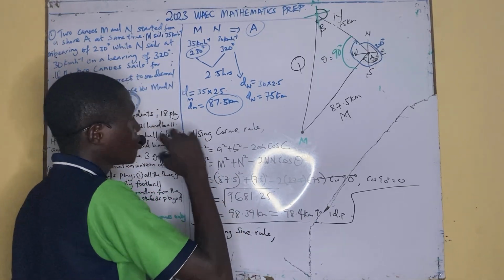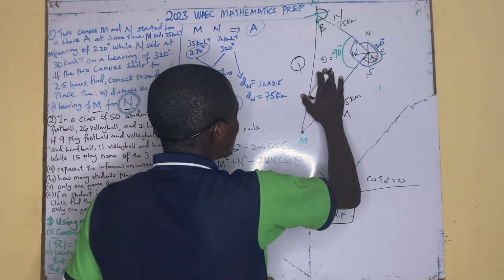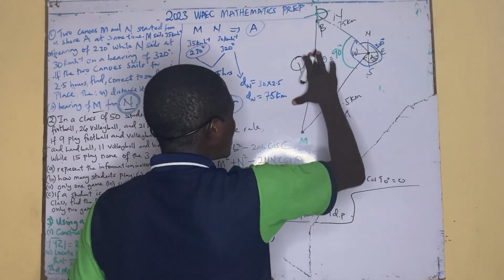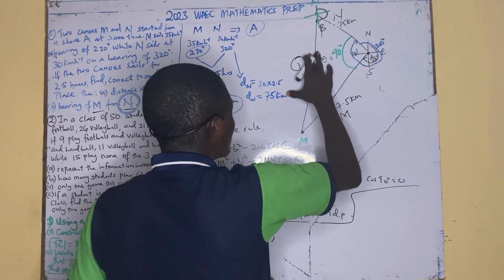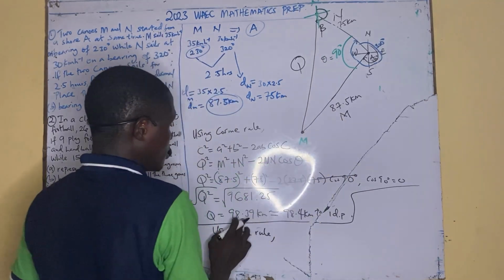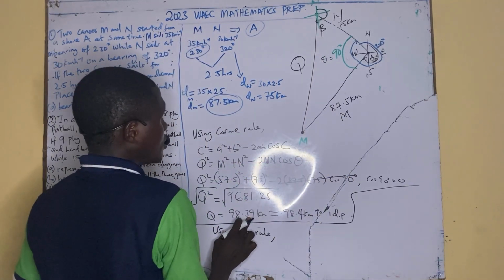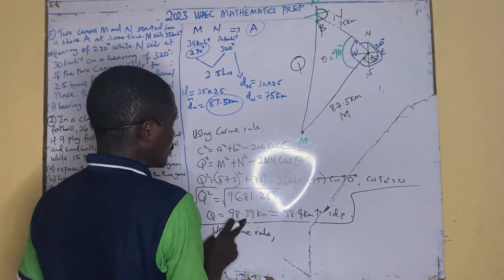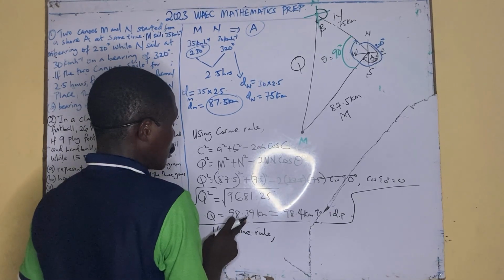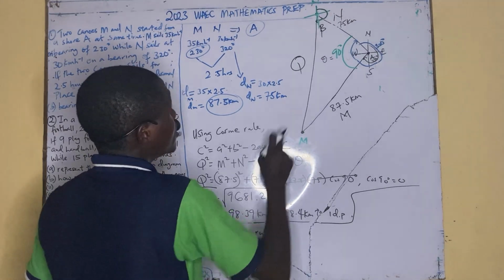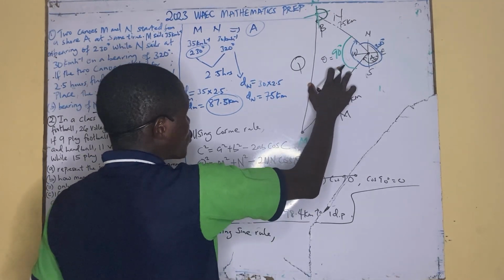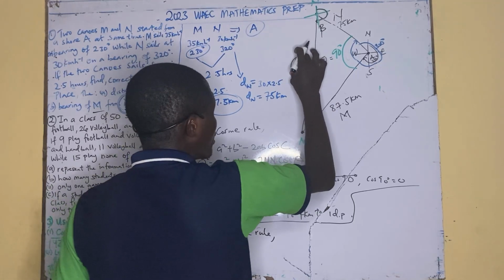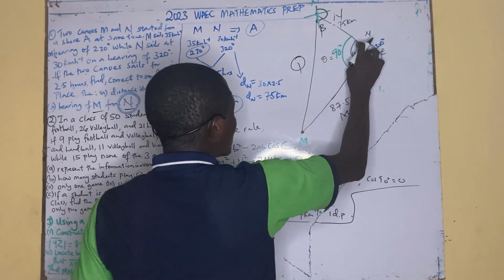Since you know the side Q, which is 89.39, don't use the approximated value, use this one. So 89.39. Then you know the angle here. Since I know Q here, and I know this angle.